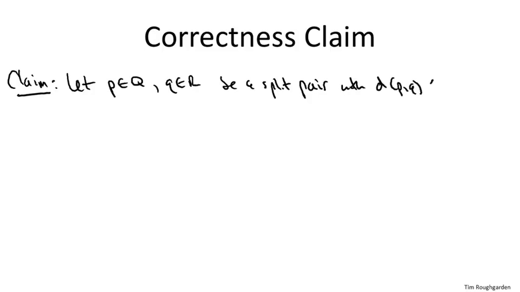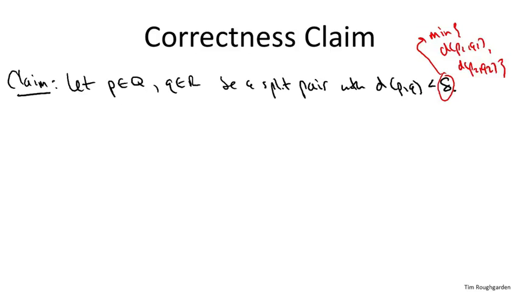Don't forget what this parameter delta means. What delta is, by definition, is the minimum of d of p1 q1, where p1 q1 is the closest pair of points that lie entirely in the left half of the point set, L, and d of p2 q2, where similarly p2 q2 is the closest pair of points that lies entirely inside of R.